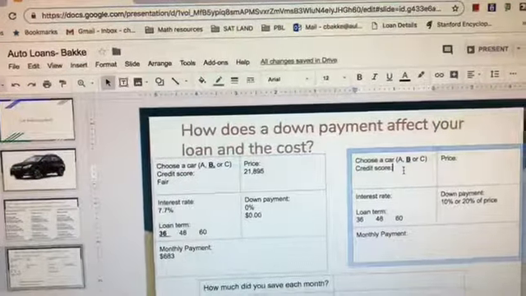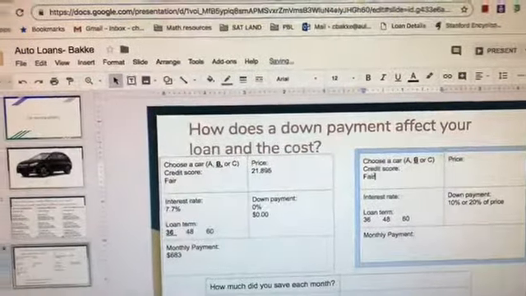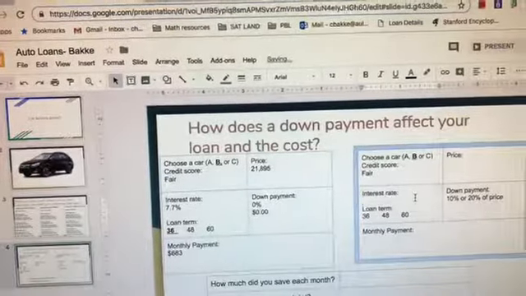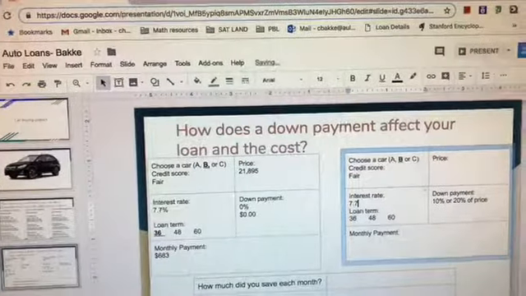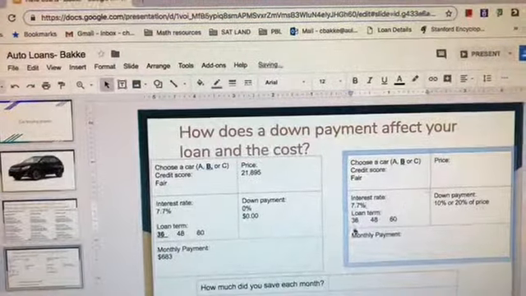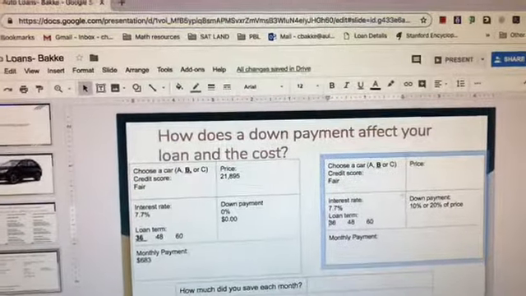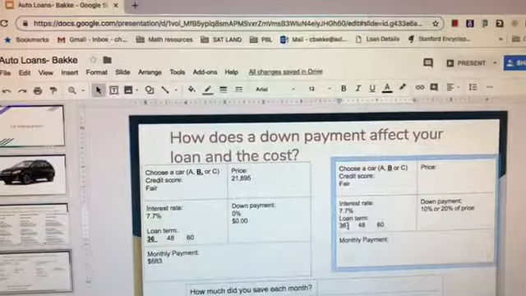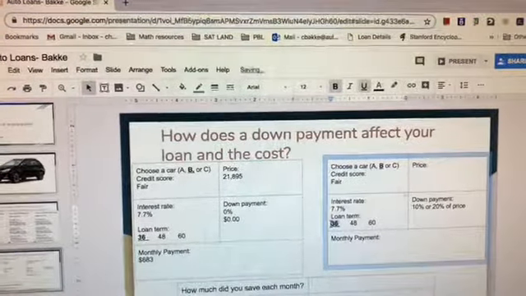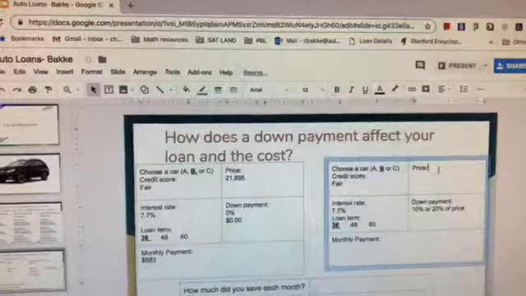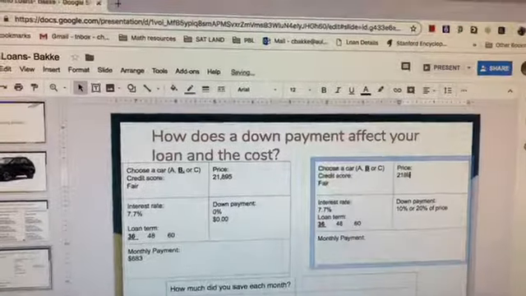Because I'm still doing car B, I'm still doing the fair credit score example. I have a 7.7% interest rate, and I'm still handling the 36-month loan. Oops. So I'm going to make sure that's bolded. And the price is still the same, $21,895.